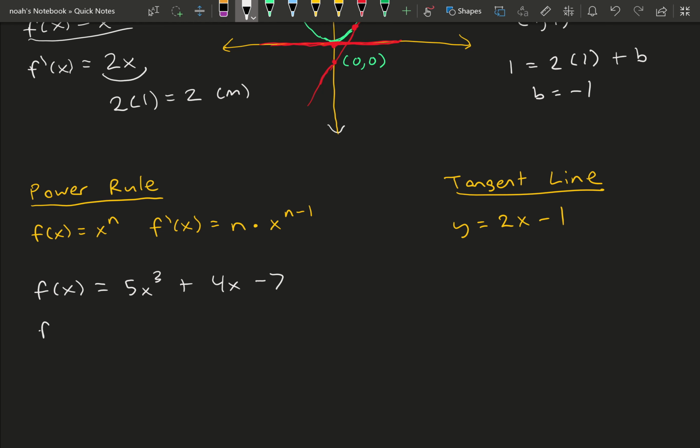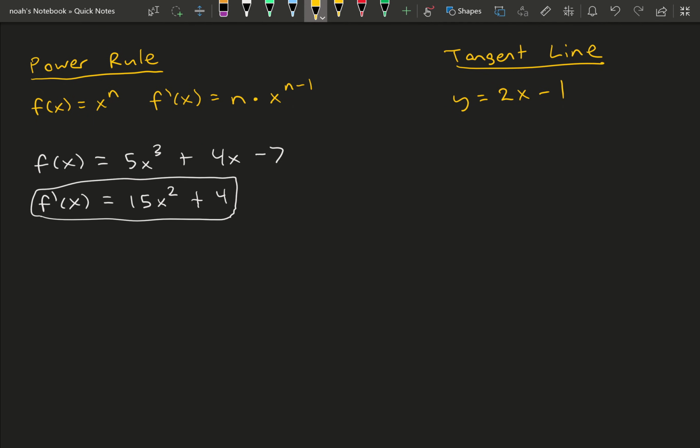Well, f prime of x, the derivative, would be 5 times 3, 15, x squared, plus 4, right? Because it would be 1 times 4, and then the exponent would be 0, so it's just 4. And then minus 7, whenever you have a constant, you just ignore that term. And so that would be the derivative of that function.